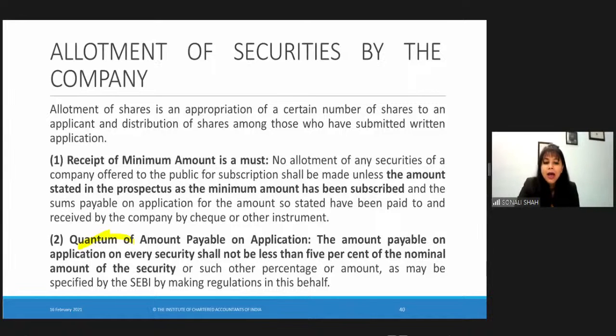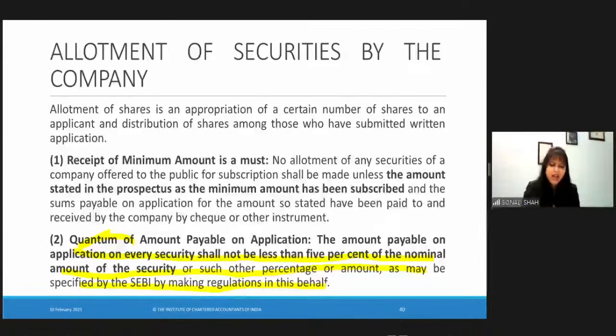Now, the amount payable on application on every security shall not be less than 5% of the nominal amount of security or such other percentage or amount as may be specified by SEBI by making regulation in this behalf. So, Companies Act says it should not be less than 5%, but SEBI can provide for any other percentage.